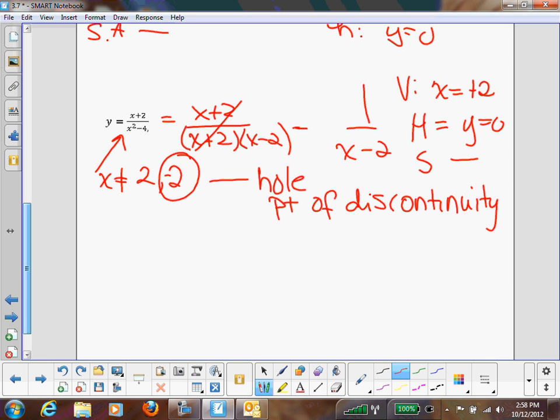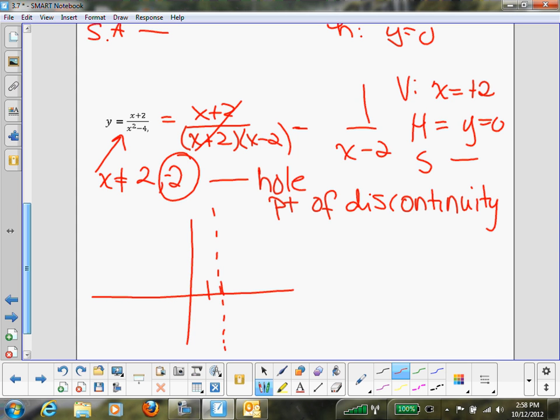Because remember, if it's ever a problem in the problem, we have to recognize it. So I need to finish this, so even if the bell rings, I want you to stay. We have a vertical asymptote at 2 and a horizontal asymptote at 0. And at x equals -2, we have a hole.